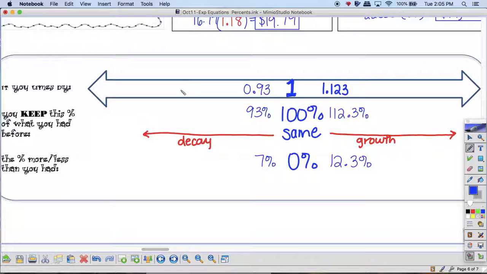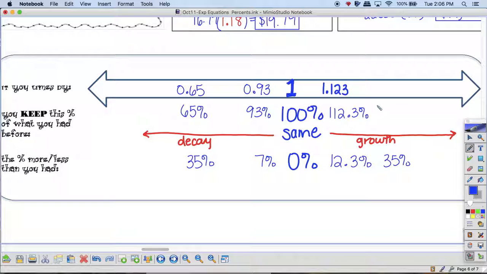Okay, let's say I multiply something by 0.65. If I multiply by 0.65, that means I am keeping 65%. How far away is 65% from 100%? That is 35% decay. Let's say I wanted something to grow by 35%.